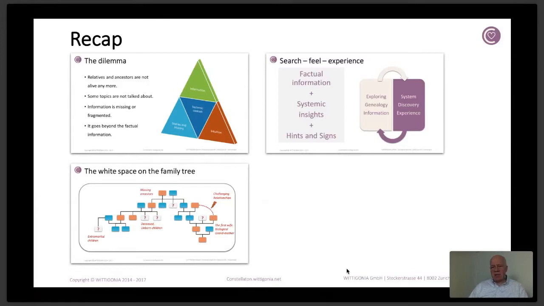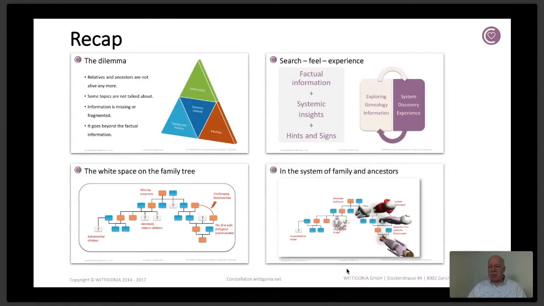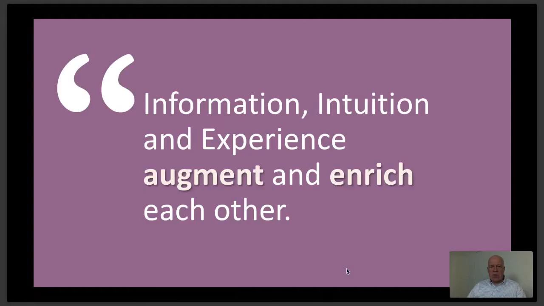Then I gave an example of a fairly complex family tree, and I highlighted some of the areas where we encounter specific systemic topics. And then I gave an example of a concrete family constellation which was done in the context of genealogy and ancestors research. The key point of the recap of last time was that information and intuition are best friends.